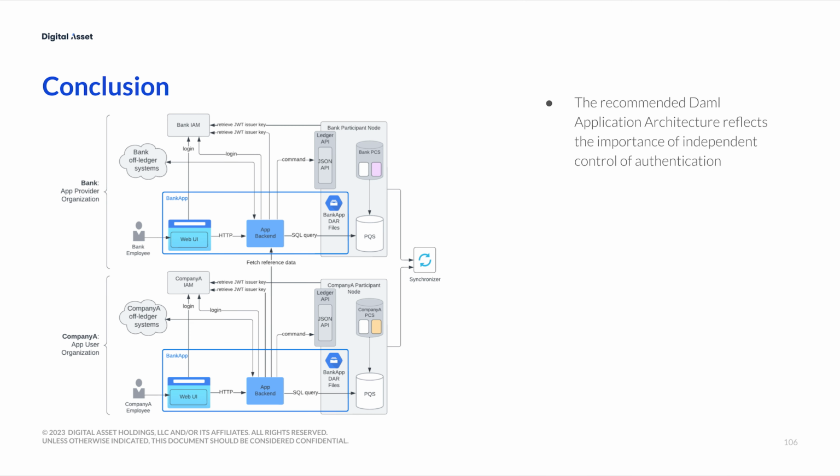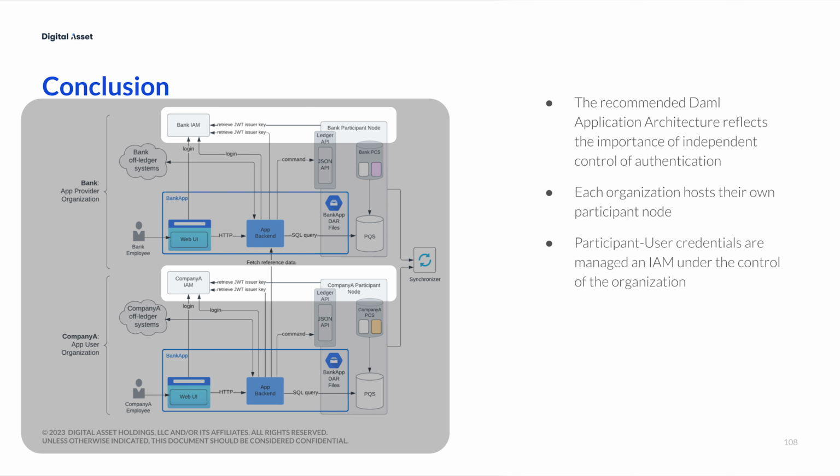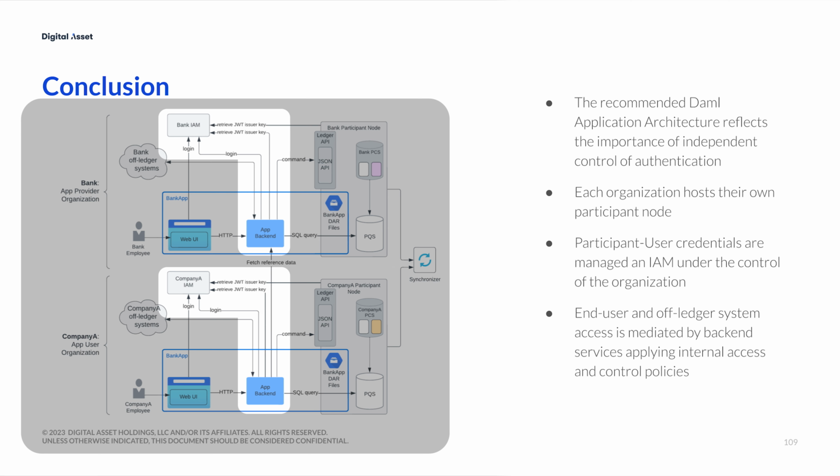The recommended Daml application architecture reflects this. Each organization hosts their own participant node. Participant user credentials are managed by each organization's local IAM system. End-user and off-ledger system access is mediated by backend services applying internal access and control policies.